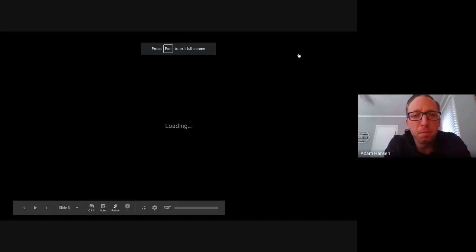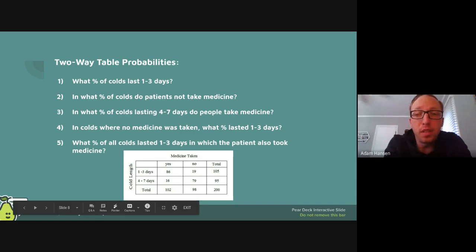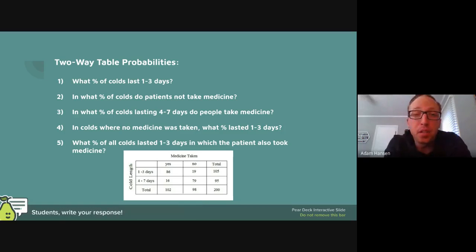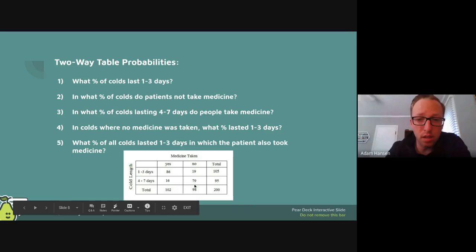Question number 3. In what percent of colds lasting 4 to 7 days do people not take medicine? Now read carefully here. We're restricting ourselves to only look at colds that last between 4 to 7 days. So I can only look at this row here in the middle of our table. Out of the 95 total colds that lasted 4 to 7 days, in what part of those did people take medicine? 16.